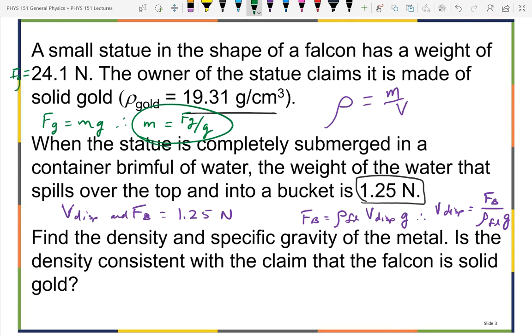So let's put these two things into the equation for density. And notice my g's are going to cancel. Force of gravity over g, force buoyant over density of fluid times g. The g's cancel.